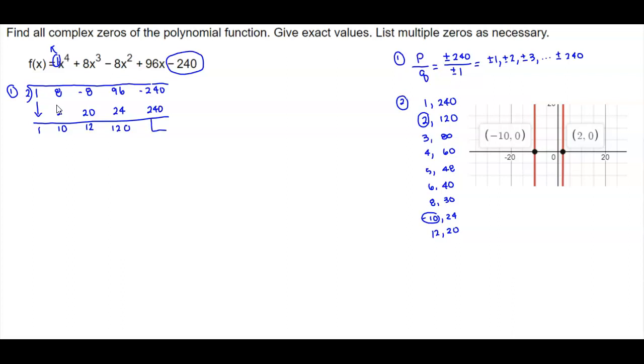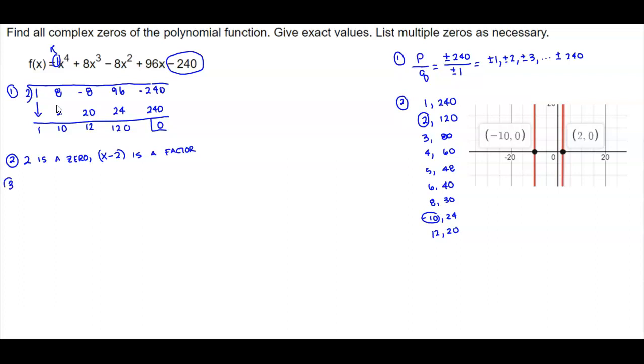So we get a remainder of 0. So what does that tell us? Well, we're confirming that 2 is a zero, which means that x minus 2 is a factor.